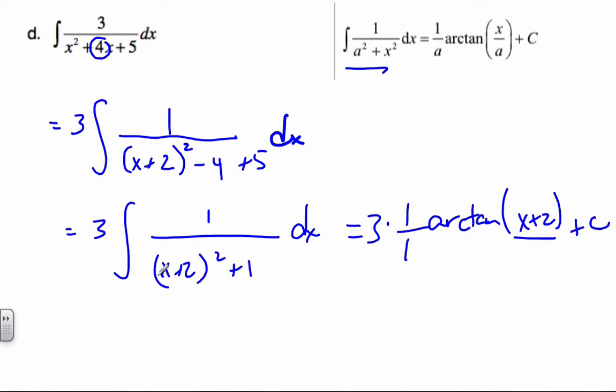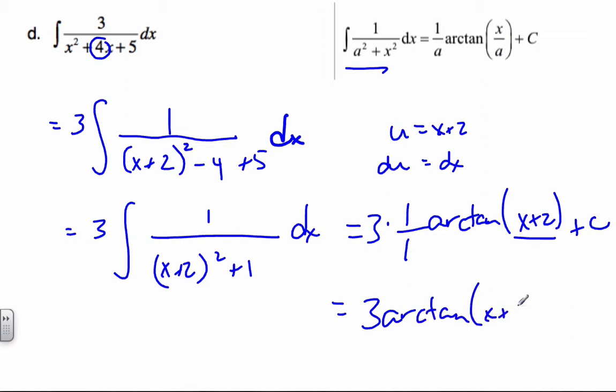I could have done a u substitution here, and u would have been x plus 2, but the derivative of x plus 2 is just dx, so there's no coefficient to deal with. And so my final answer is 3 arctangent of x plus 2 plus c.